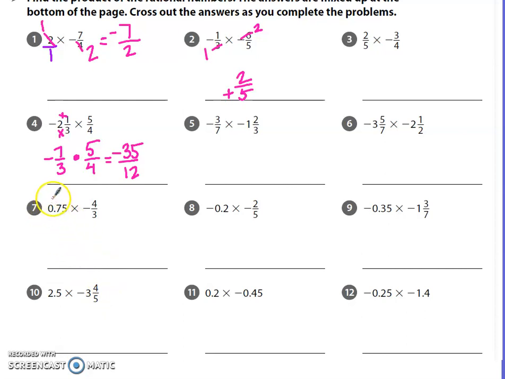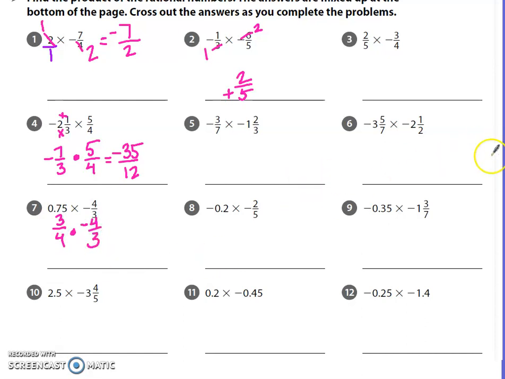When you have a decimal and a fraction, I suggest that you change them both to the same format. So for this decimal, you could change it to a fraction easily. You could also change this fraction to a decimal. Oh, did I say that wrong? You could change either of these to the other format. I'm going to choose to change this decimal to a fraction. Of course, that's a choice that you can make.